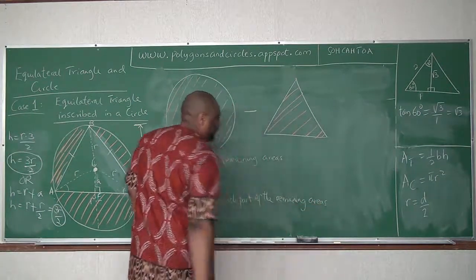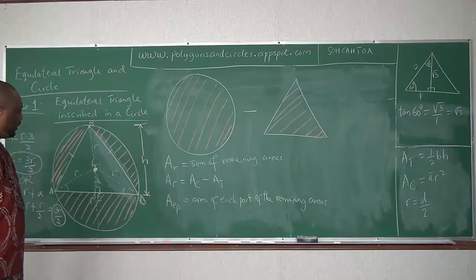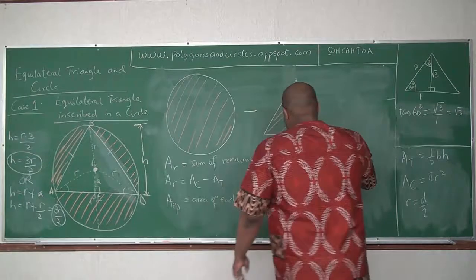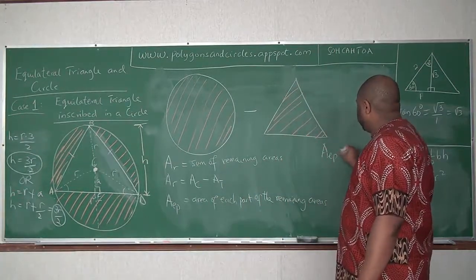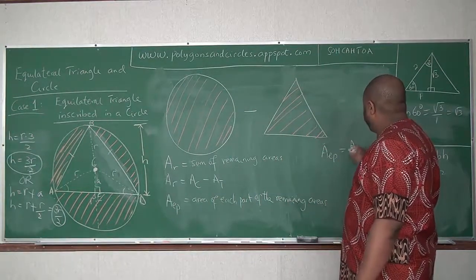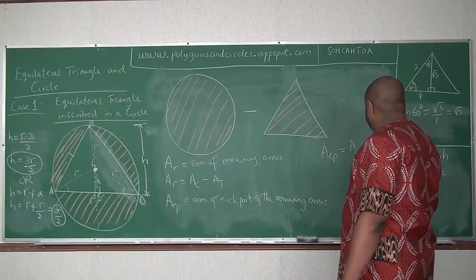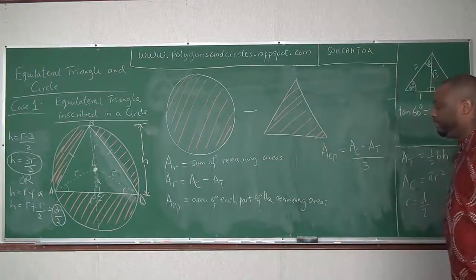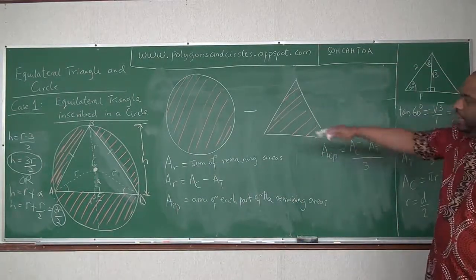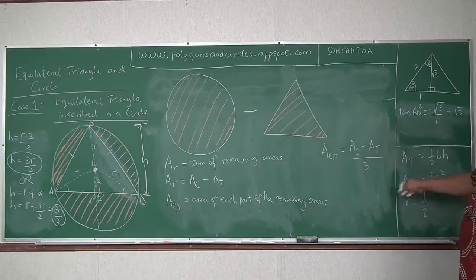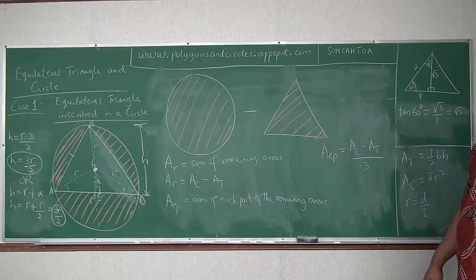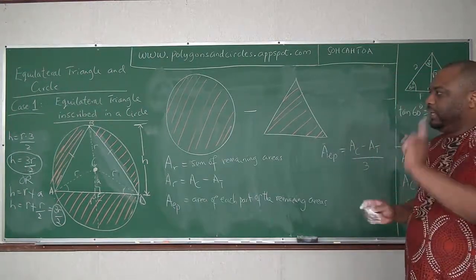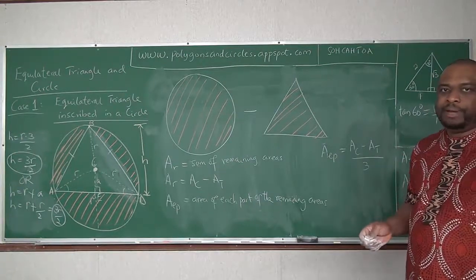So what will it be? AEP is equal to AC minus AT divided by 3, because you have 3 areas remaining. So the area of each part is the area of the circle minus the area of the triangle divided by 3. And that's it. Like I said, they only need to give you one parameter and you find the rest.